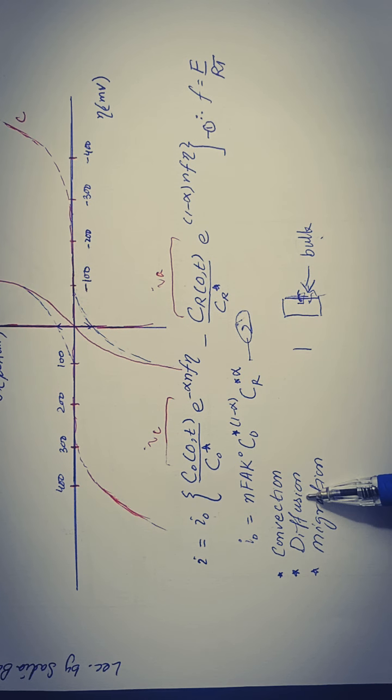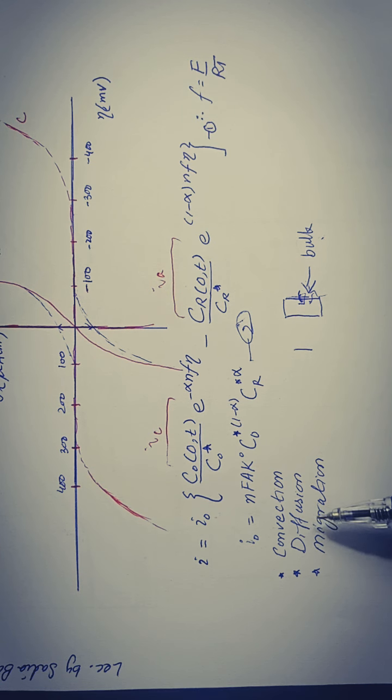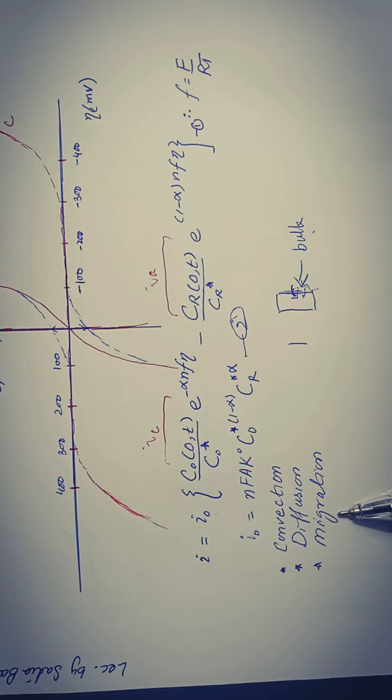Diffusion is observed due to the concentration gradient, and these different species diffuse in the bulk, leading to the flow of current in the external circuit. Whereas in the case of migration, depending on the electrical potential, some charges move towards the electrode. It can be reduced by using a higher concentration of the supporting or background electrolyte.